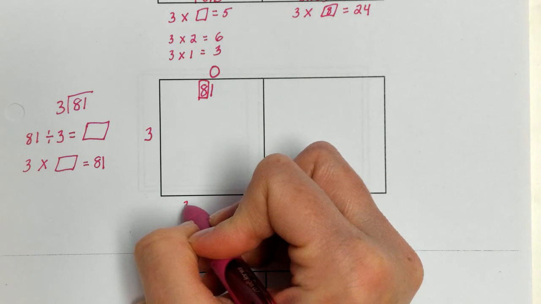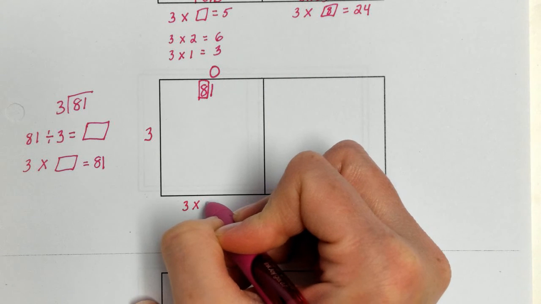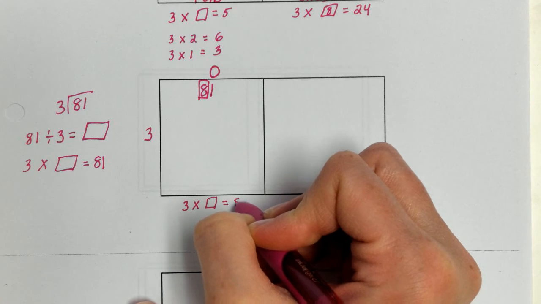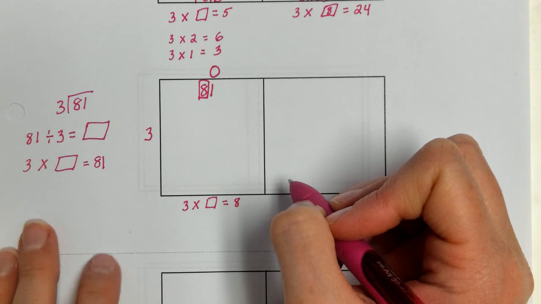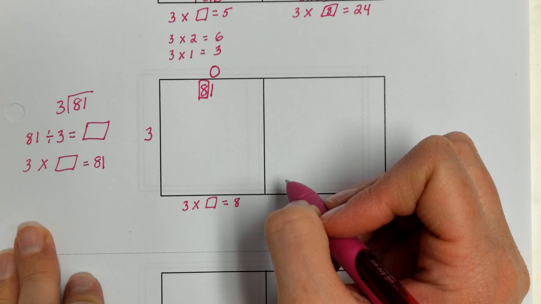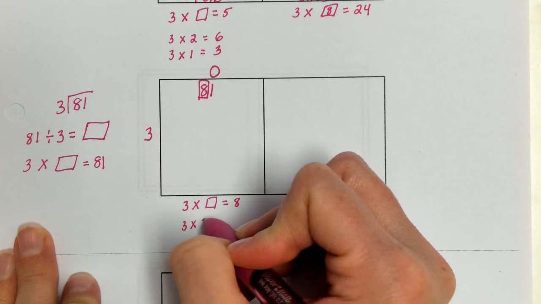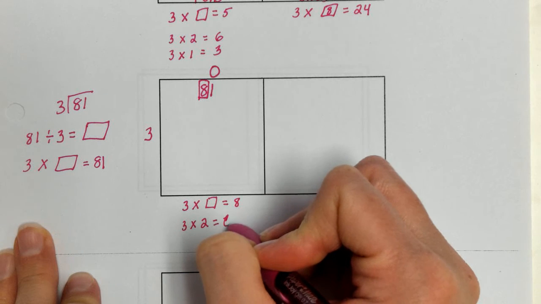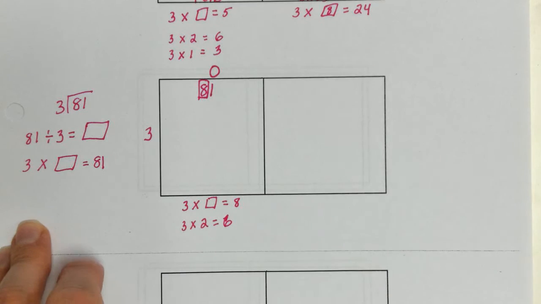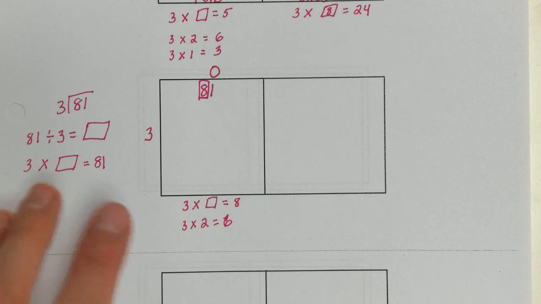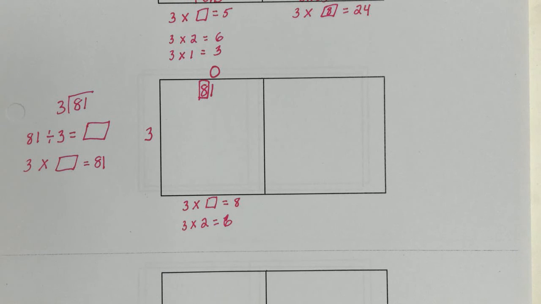And I'm going to think, 3 times what will get me close to 8? 3 times 2. 3 times 2 is 6. Is that as close as I can get without going over? It is. Because 3 times 3 would give me 9, and that's too many.